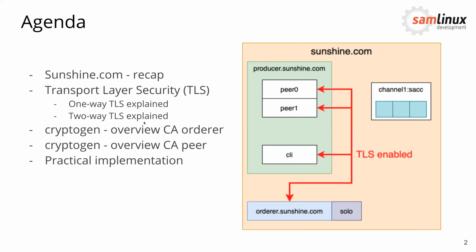I will give you some theoretical background, a high-level overview of what TLS is and which methods can be used. We have one-way TLS, that's the normal TLS which you also know from your browser when you surf the internet and use the HTTPS protocol to surf securely.